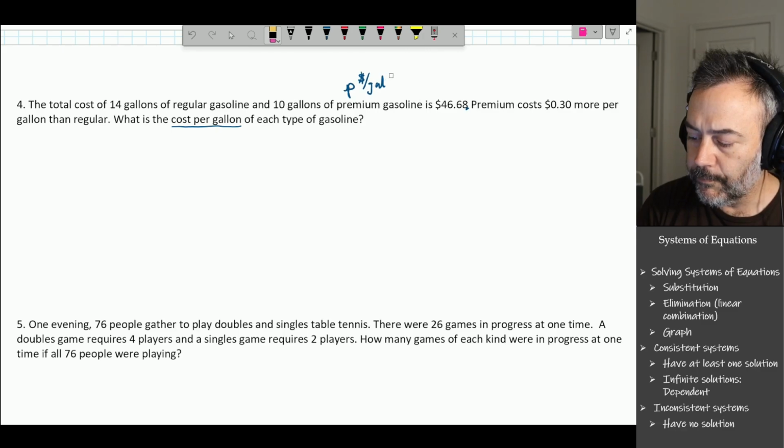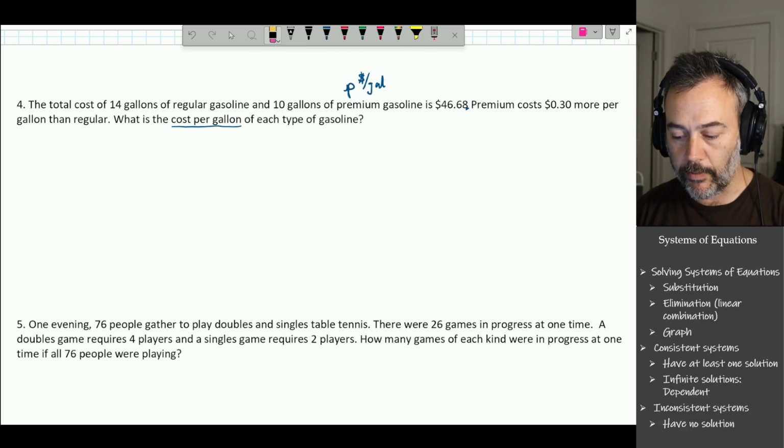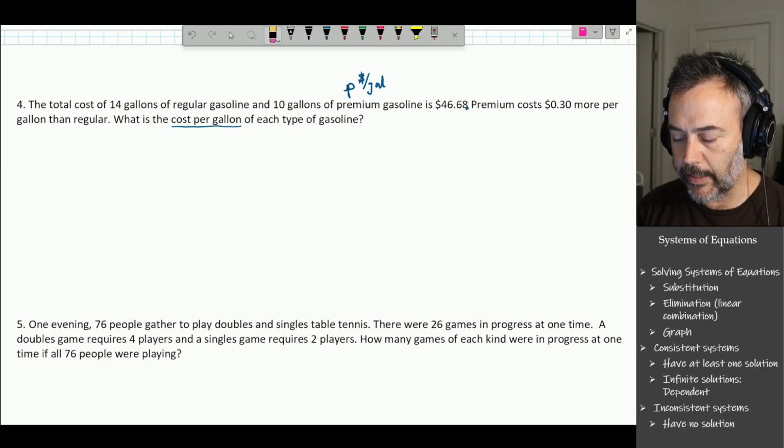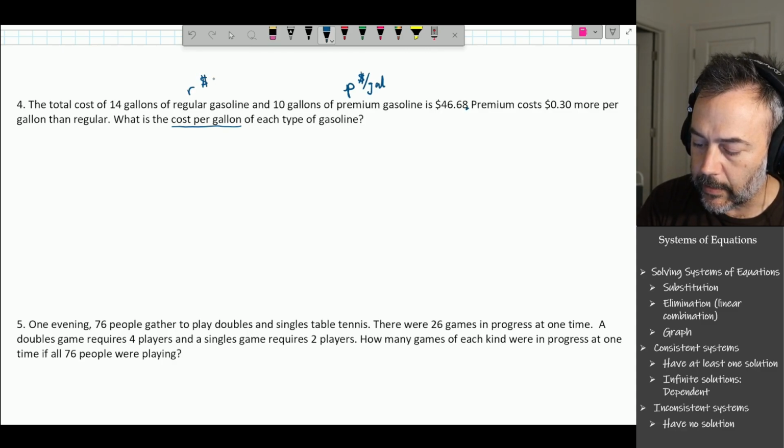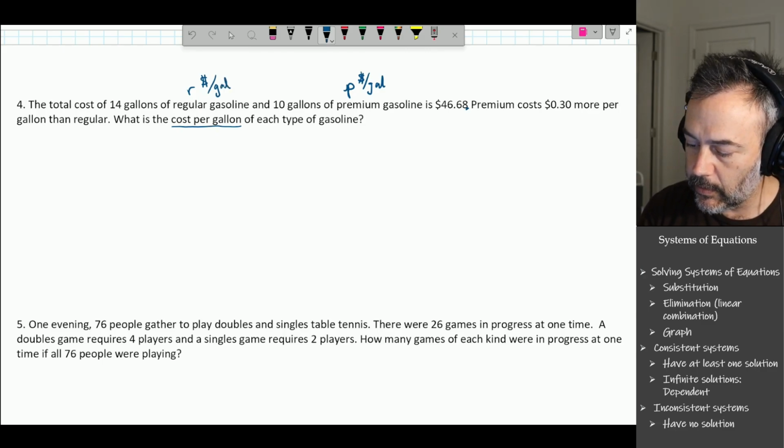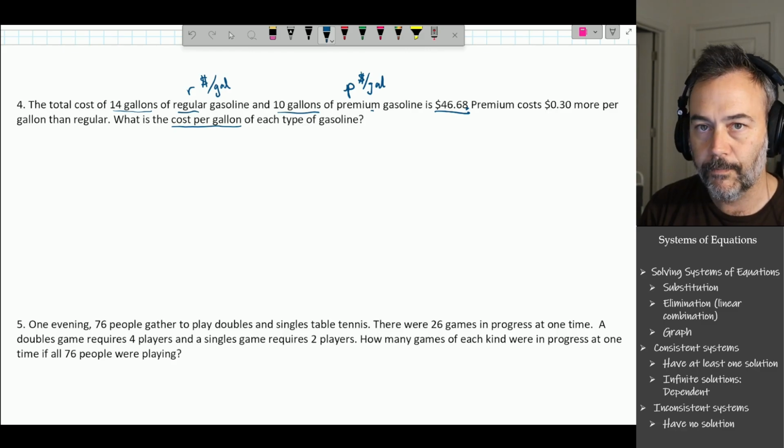So the cost rate is in dollars per gallon. And you could let regular be R in dollars per gallon. And then try to use that to make different equations. 14 gallons of regular and 10 gallons of premium cost this total.